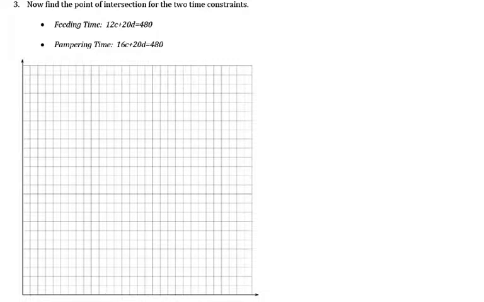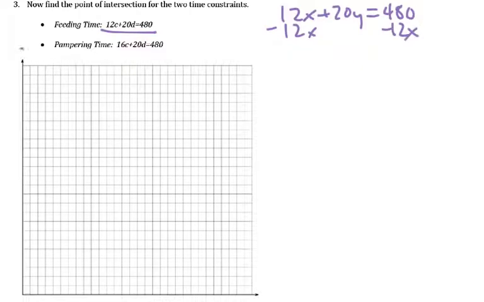Okay, same with this one. Two other constraints. So let's change it to 12x plus 20y. And then we subtract 12x, because we're calling that D, not C, which is y. We're calling this the x, which is C. So once again, same idea.